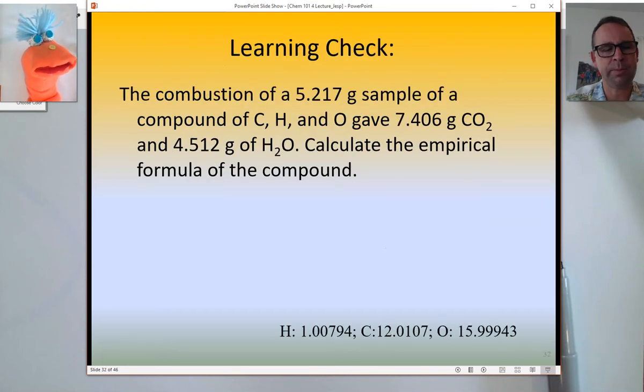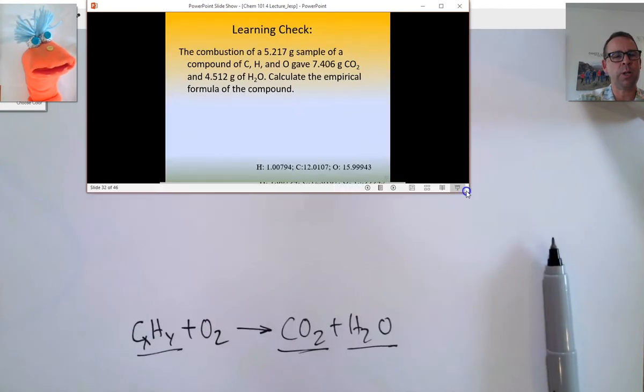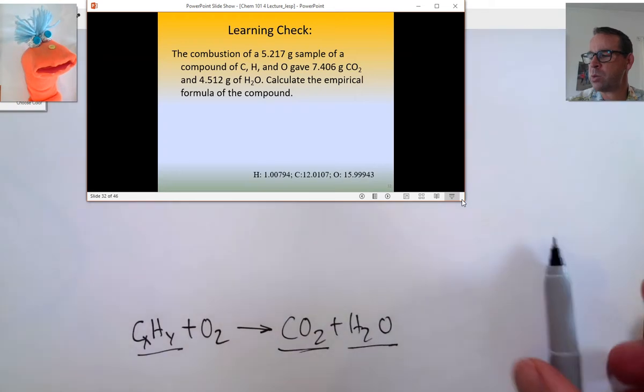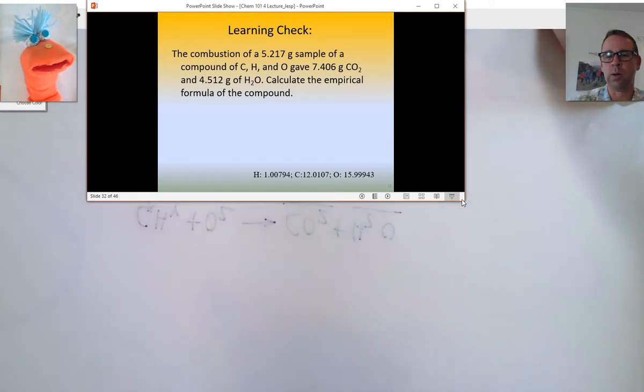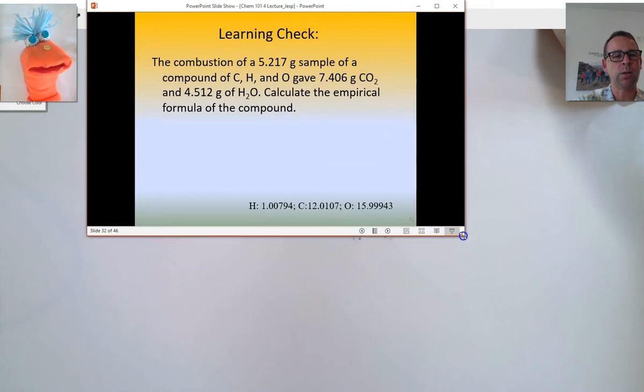So here's an example problem, okay? We have a 5.217 gram sample of a compound that contains carbon, hydrogen, and oxygen, and we combust it, and we get this mass of carbon dioxide and that mass of water, and now we're supposed to get the empirical formula, okay? Well, how are we going to get the empirical formula from this information? Here's what we're going to do. Again, do you remember what we want here?